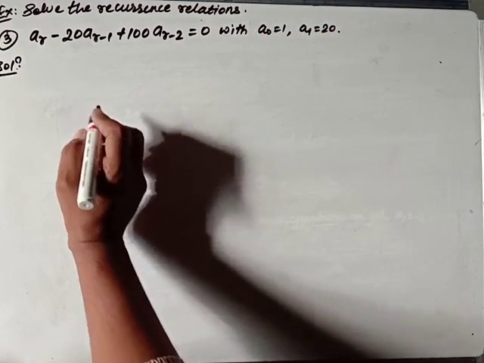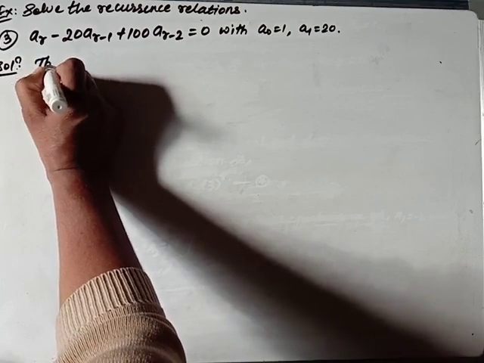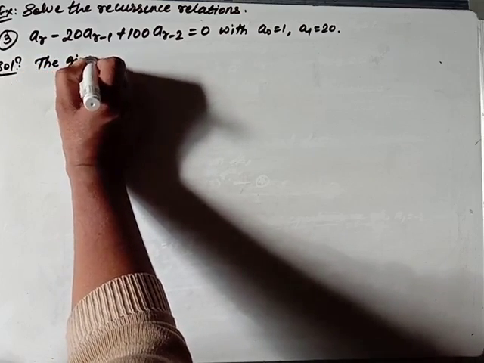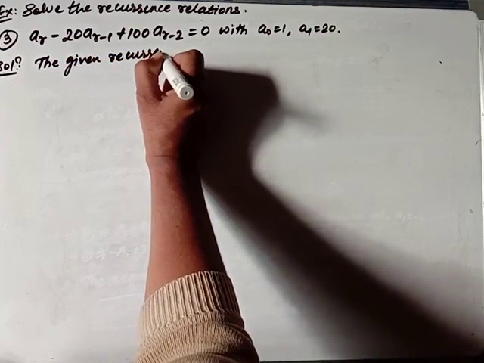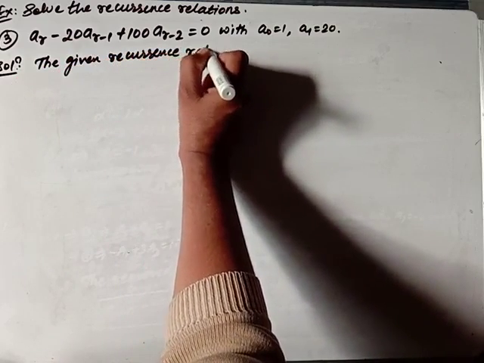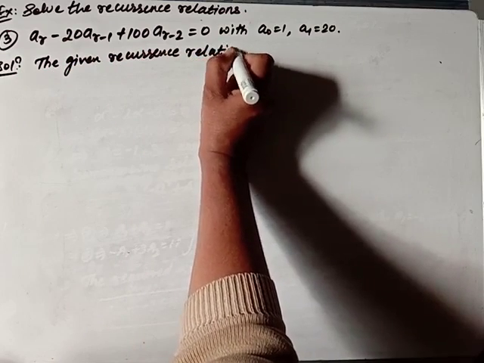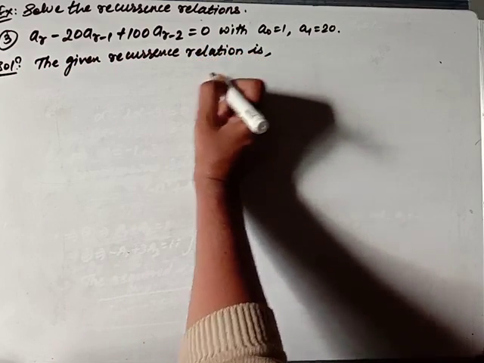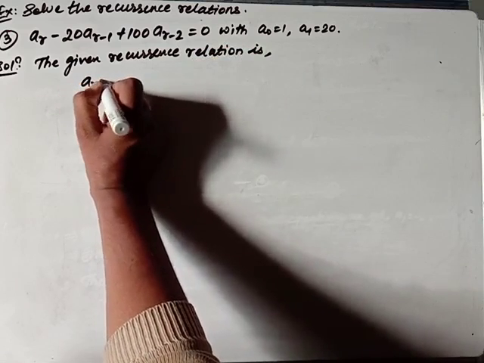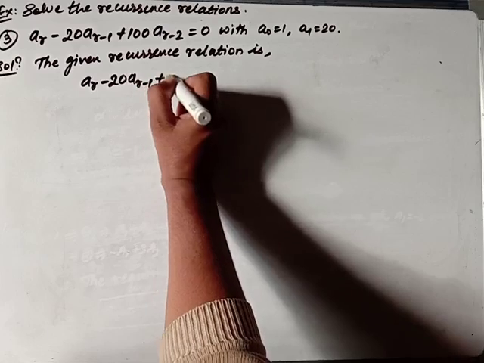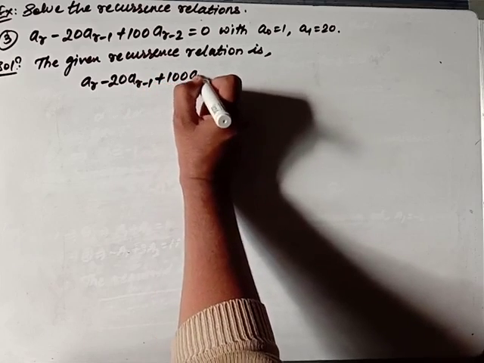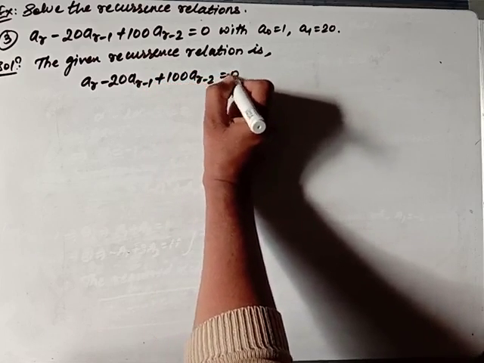So here the given recurrence relation is a_r minus 20 a_{r-1} plus 100 a_{r-2} equals 0.